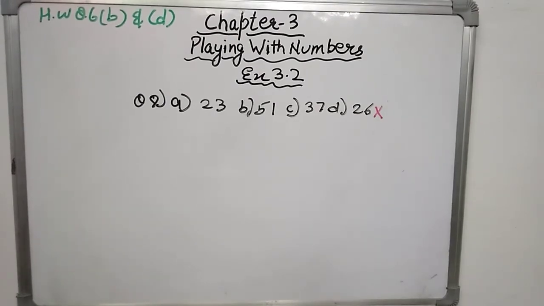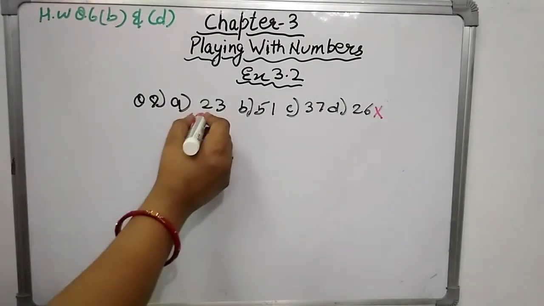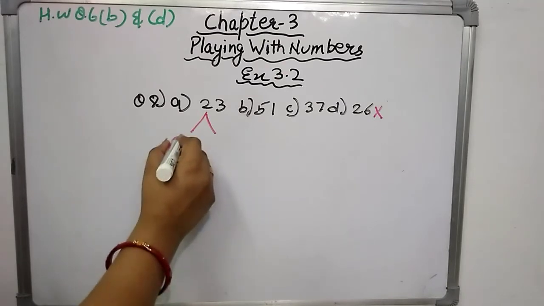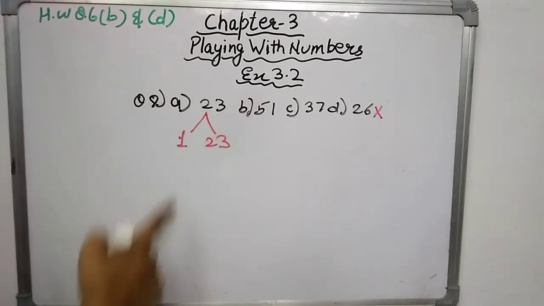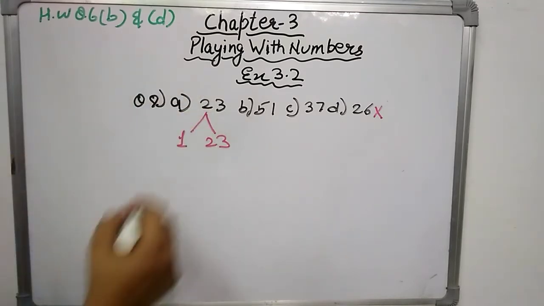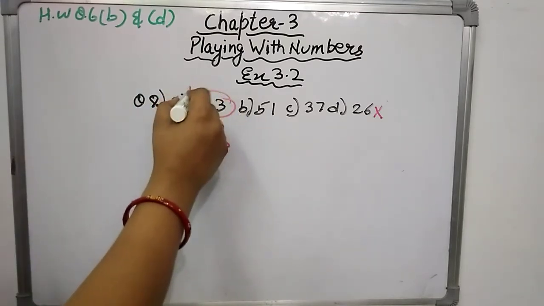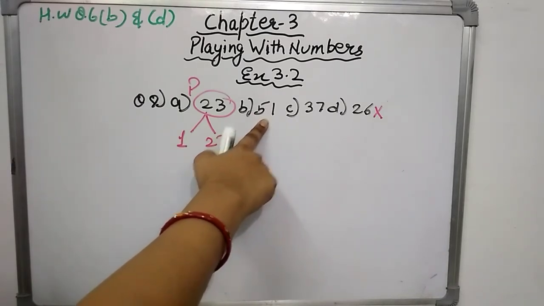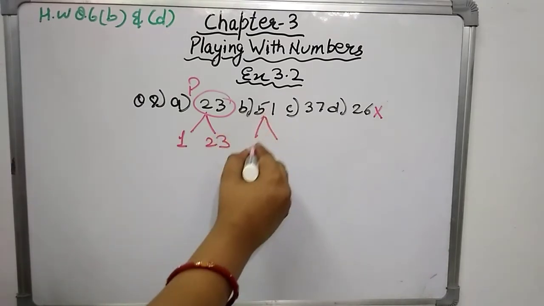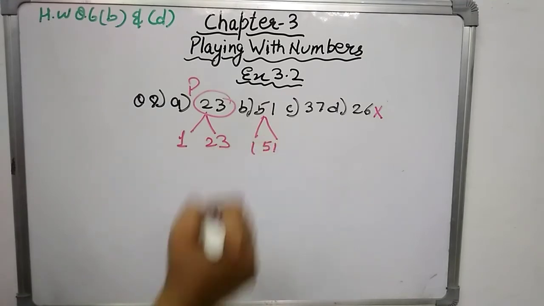Now let's check 23. Factors of 23: 1 and 23, and there is no other number that can divide 23. So this is a prime number. Check 51. Factors of 51: 1 and 51 itself.